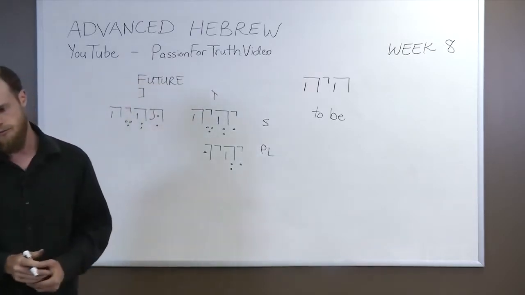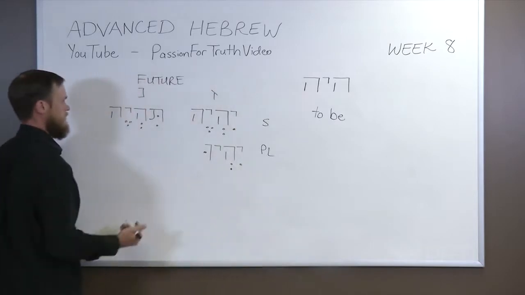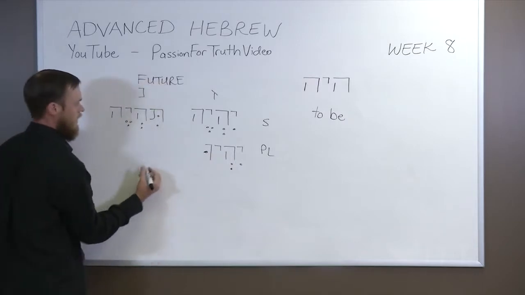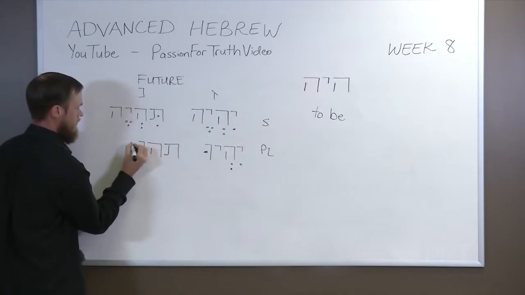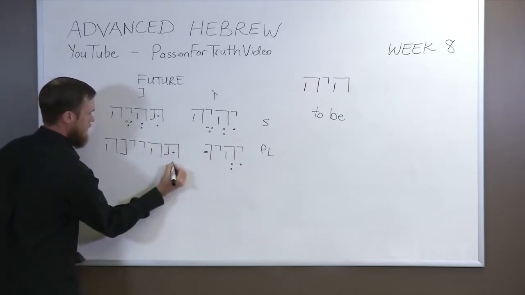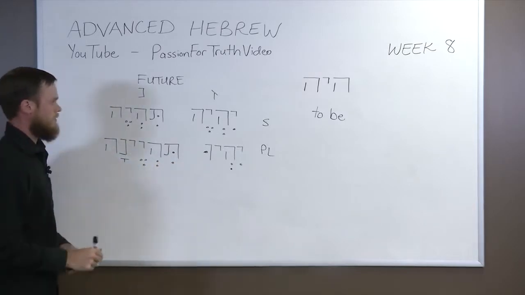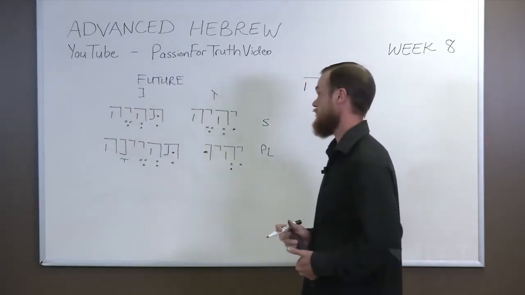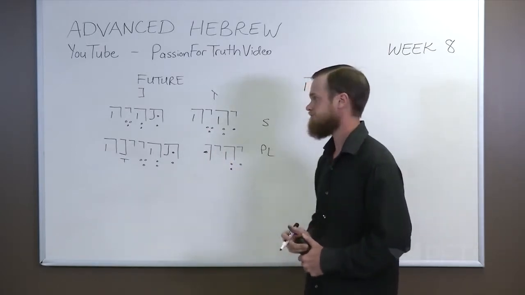Plural is yihiyu, masculine plural, so they will be. Masculine is yihiyu, they will be. Feminine is tihiyena. That is a word you will not encounter very often, but that is the third person feminine plural of haya. Tihiyena. Okay. They will be.